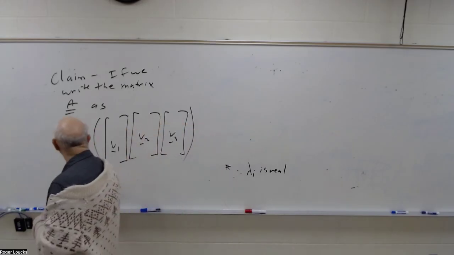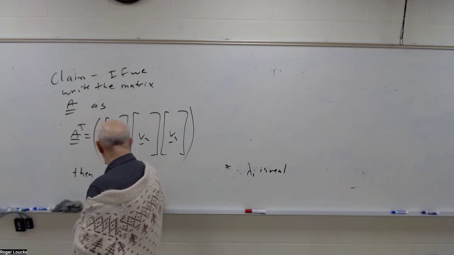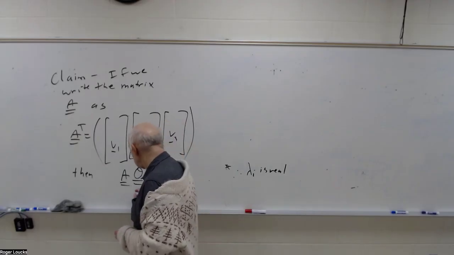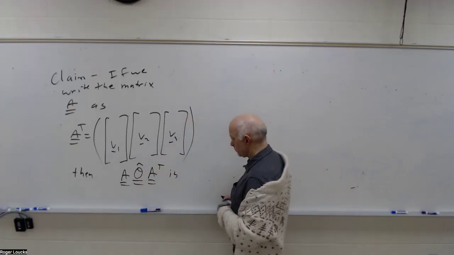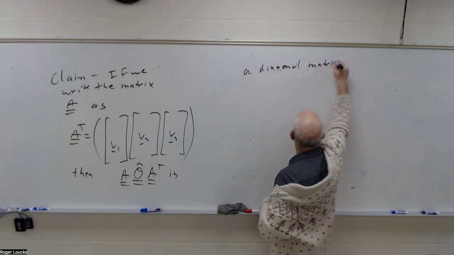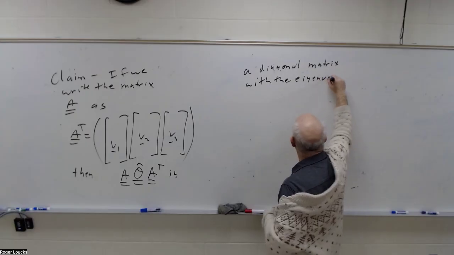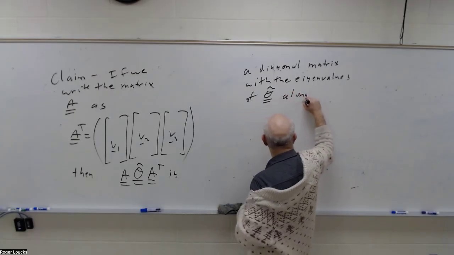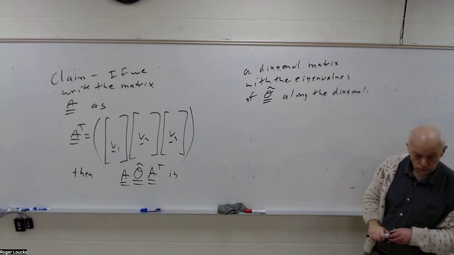So if I have this, then A times O times A transpose is a diagonal matrix with the eigenvalues of O along the diagonal.